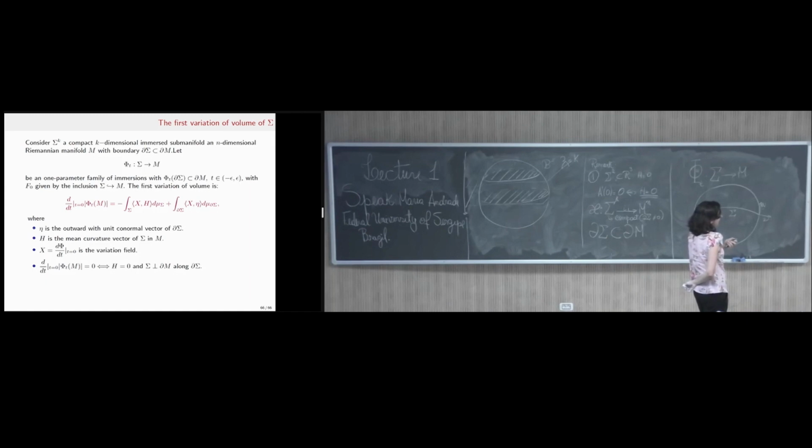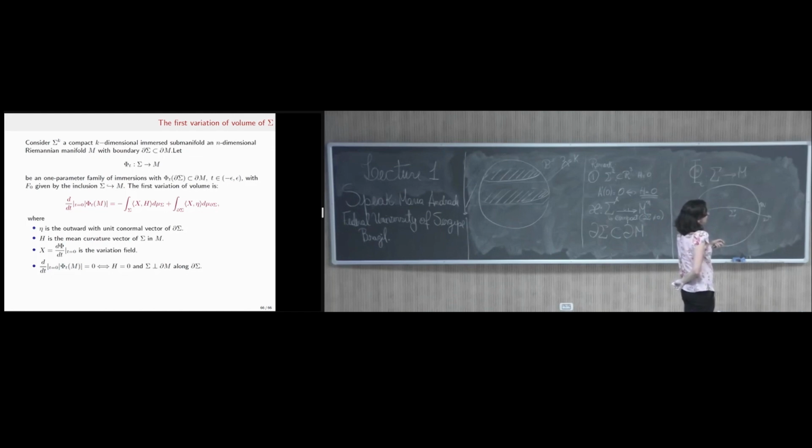So when you calculate this, after some calculation, you can show that, here, H is, in the same way as said before, the mean curvature of sigma in M. The letter X here is the variation vector field, and the first variation is equal to 0 if and only if the submanifold is minimal.